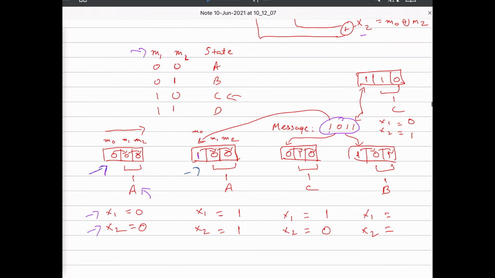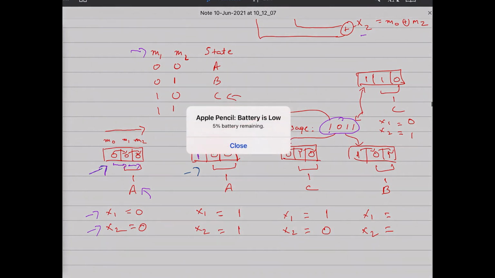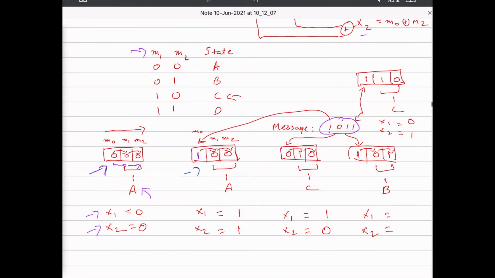That means the value that was here moved here, and the value that was here moved there. So the 0 shifted here and this 0 shifted here, but since both are 0, it doesn't matter, they remain 0. Again, at this step we can calculate the values of x1 and x2 using the given expressions, and we can check the state of the system as well. The state of the system is given by m1 m2 and it is still a.